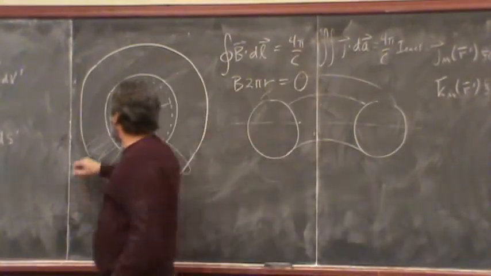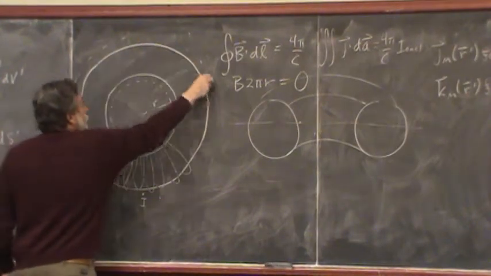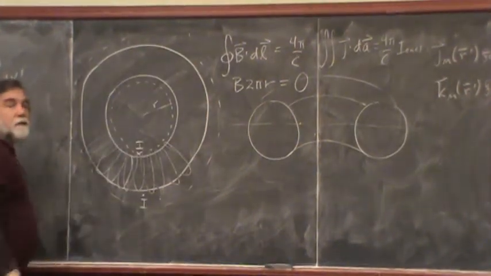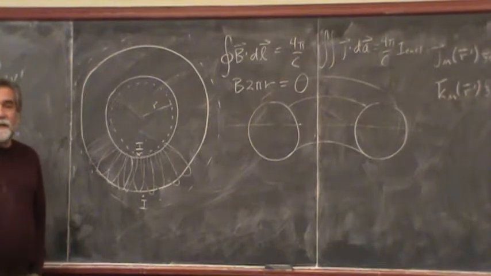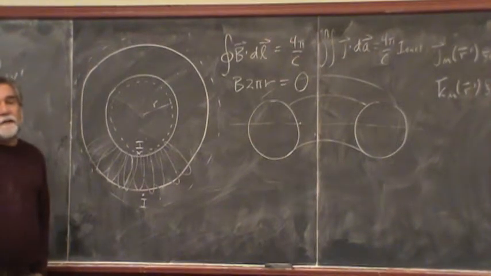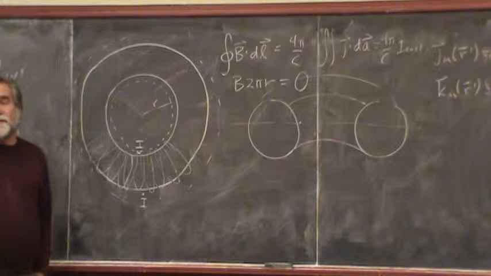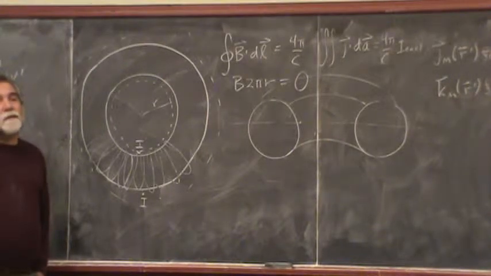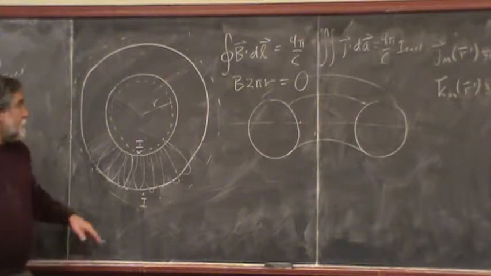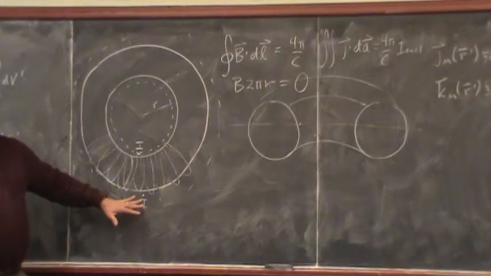I can likewise go outside and conclude that the magnetic field is 0 on the outside. There's a little bit of a cheat here, and I will be curious to know who caught the cheat in a minute.